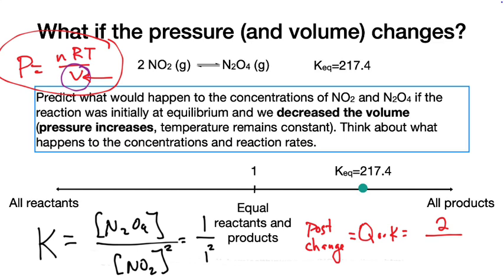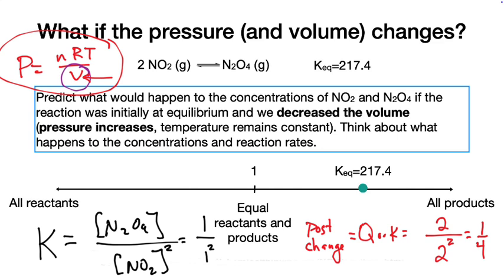And if it doubled, what happens to the concentration of NO2? It doubles also, right? But it is squared. Which means our Q, our post change, is now actually smaller than our K.